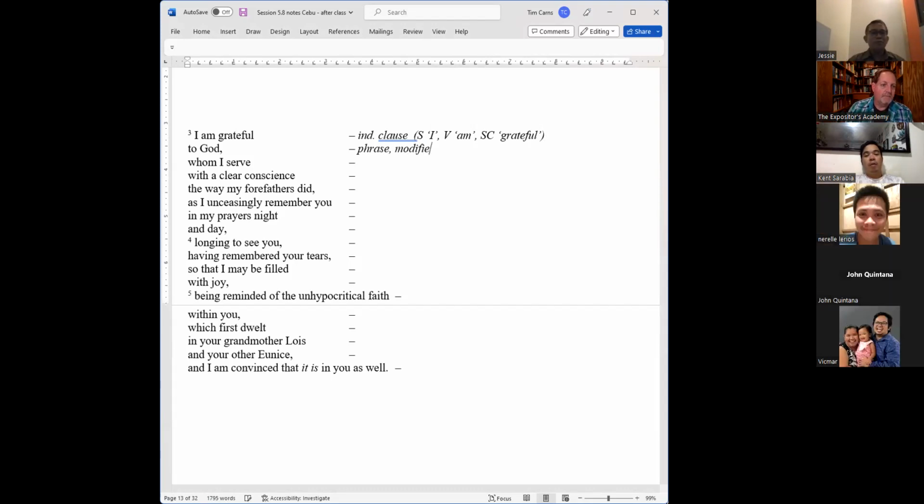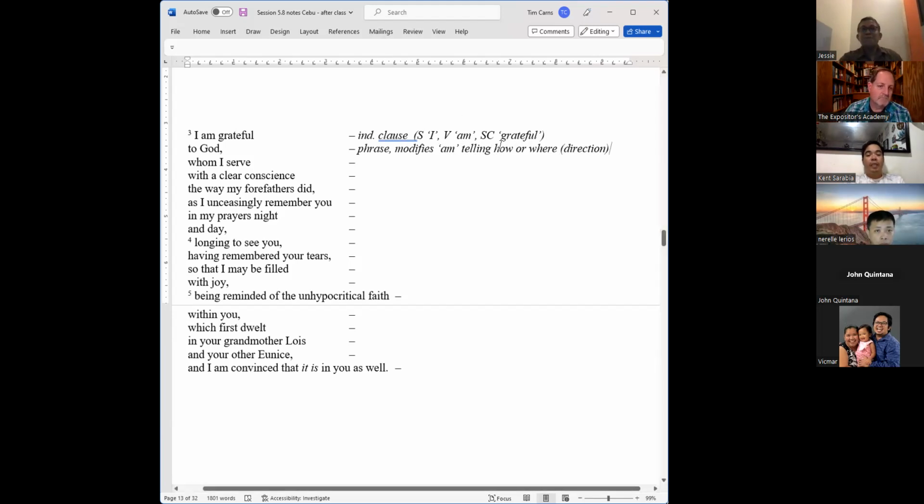So technically it modifies "am," it modifies the verb, and it could be telling how or where. "I am grateful to God." So it's the direction of that idea. But I think where would be more likely.